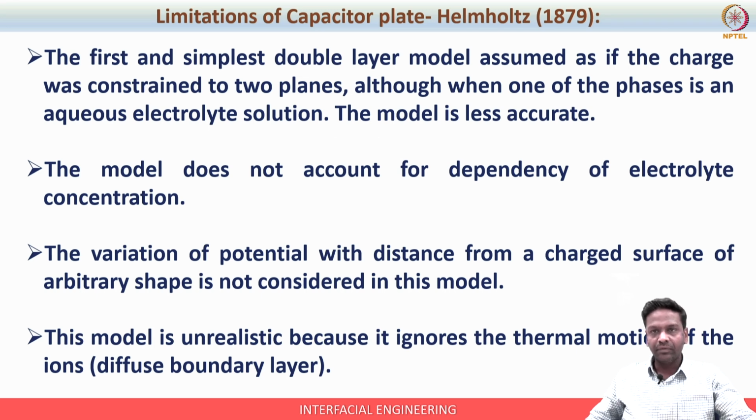So, as we have just now described, the limitations of the capacitor plate model, which was proposed by Helmholtz in 1879, are listed here. The first and foremost shortcoming is the parallel plate assumption. There are two parallel plates, and we considered both plates carry equal and opposite charge.